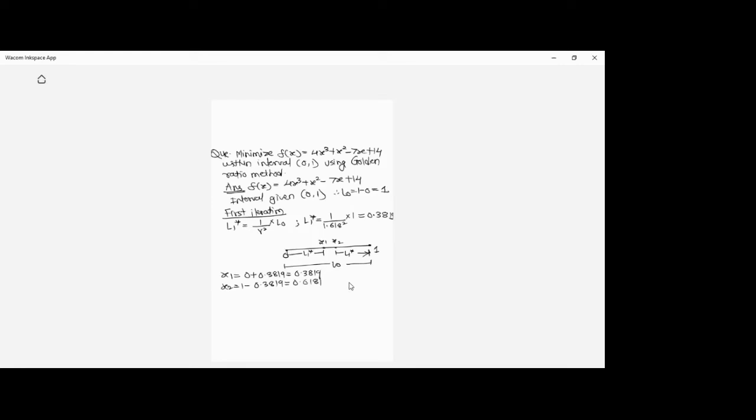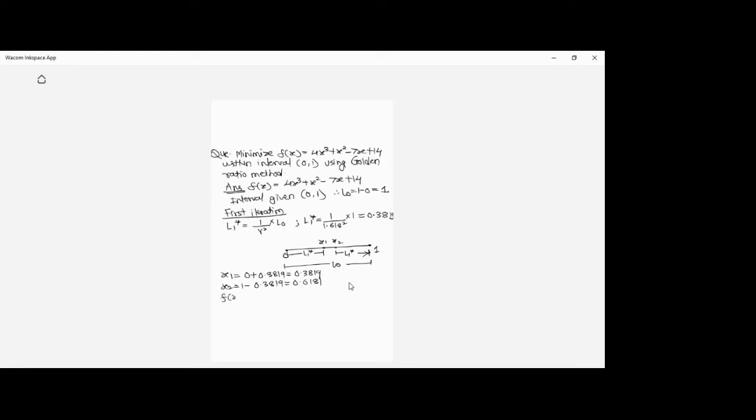So I request you all to solve this numerical again at your home and check whether all these values are right or not, and accordingly you'll also understand the equation, right?